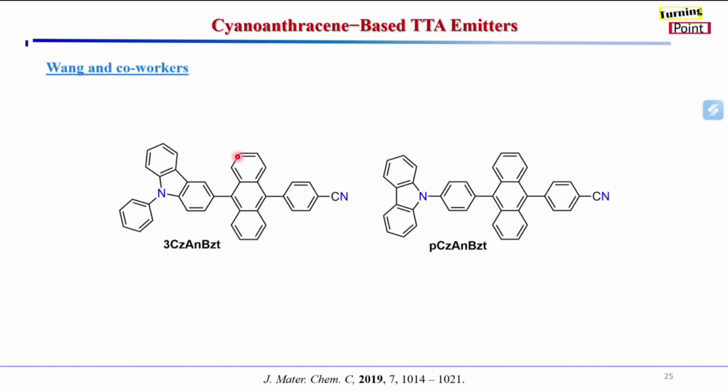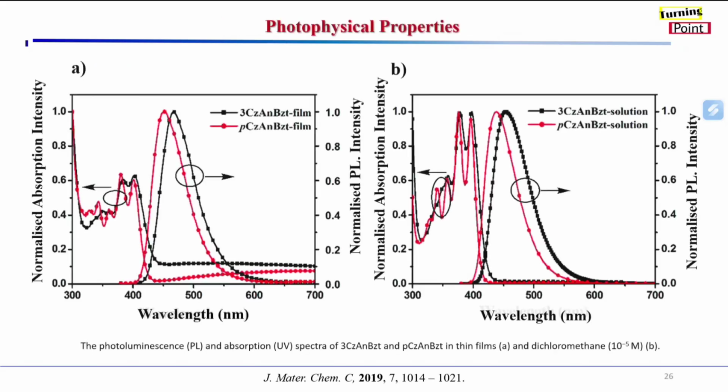After that, Wang and co-workers synthesized these two bipolar molecules where they introduce one carbazole molecule into the cyanoanthracene skeleton. They studied their photophysical properties and got deep blue emissions in both cases, in DCM, meaning solution phase, and also in solid phase.